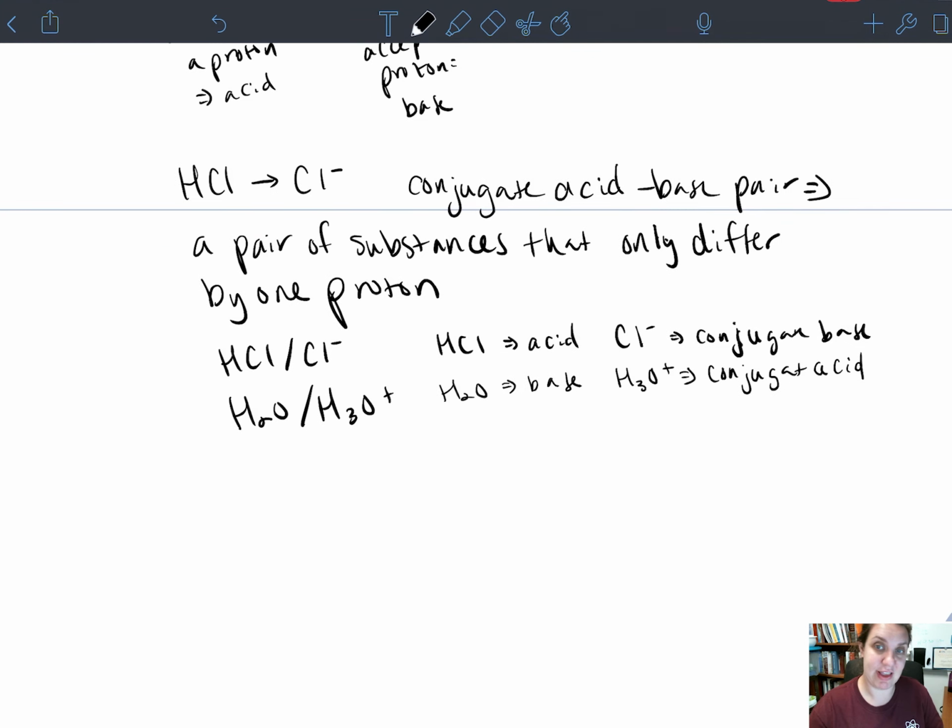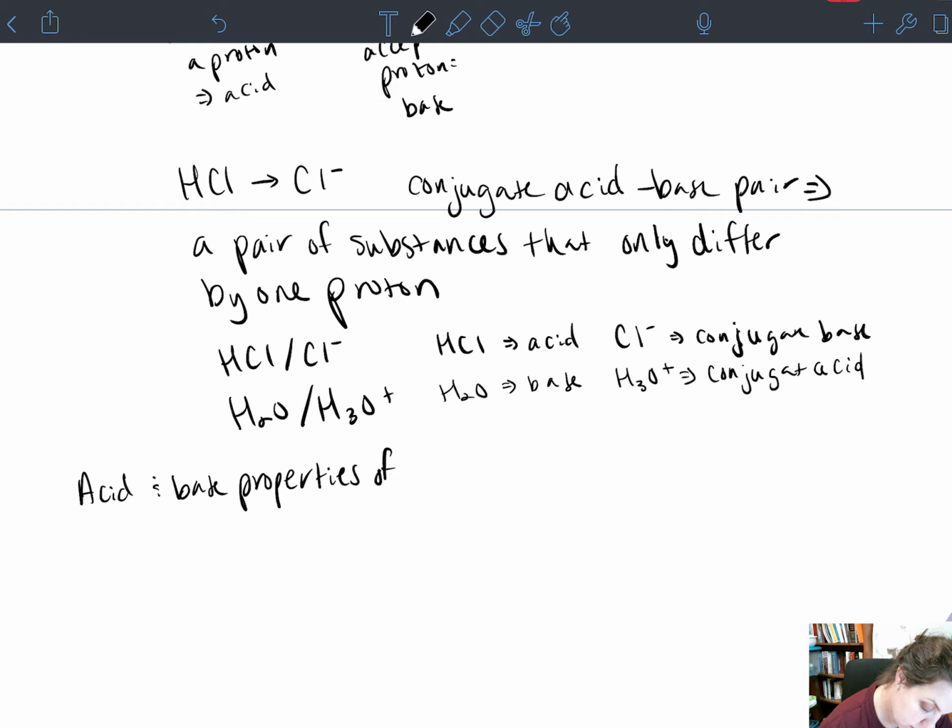Next topic I want to talk about is the acid-base properties of water. So when we have a batch of water, a bunch of water hanging out together, if 2 molecules of water collide with each other with enough energy, they will have a transfer of a proton from one of those water molecules to the other water molecule. So they will react with each other.